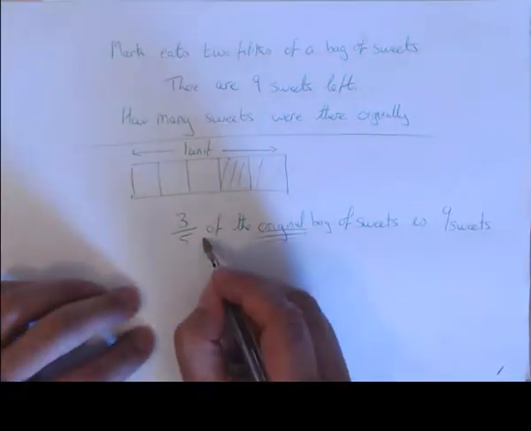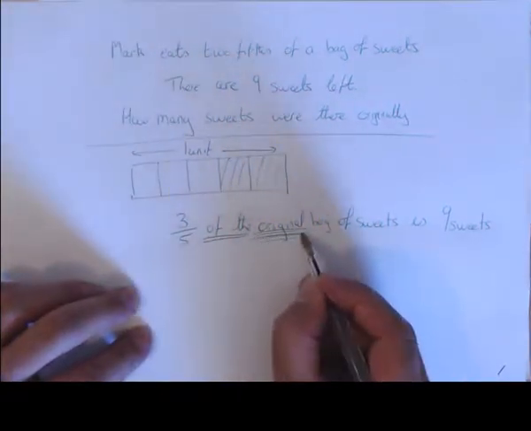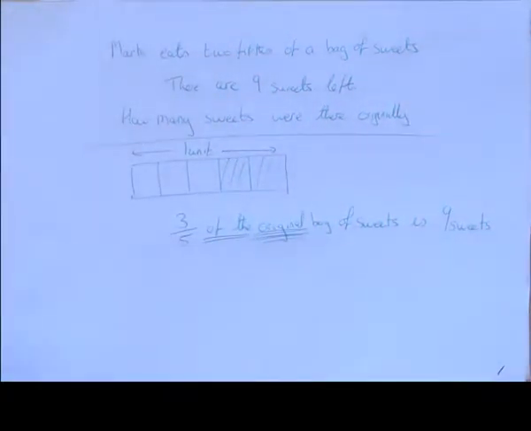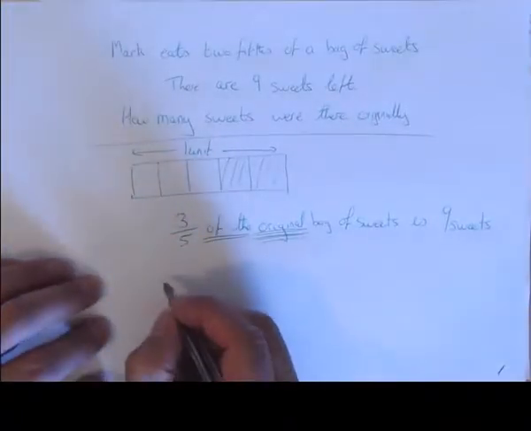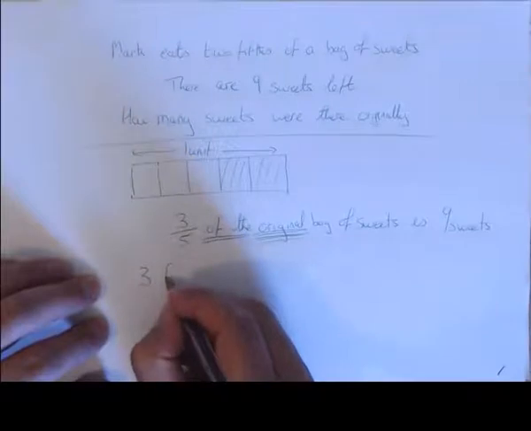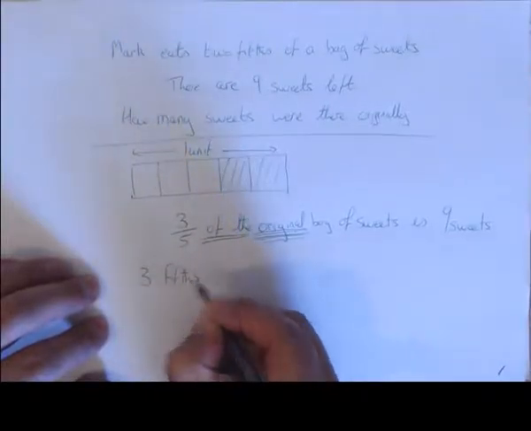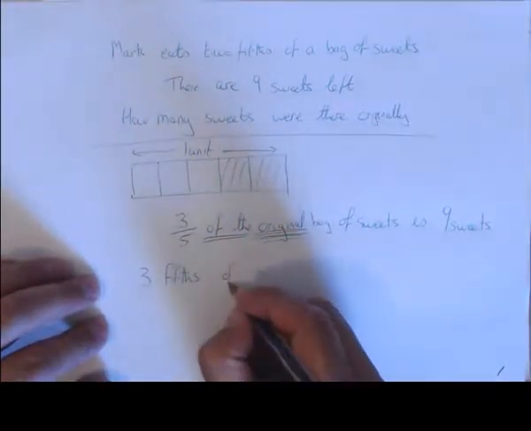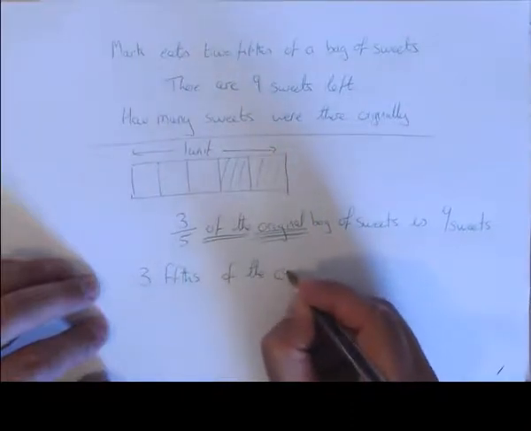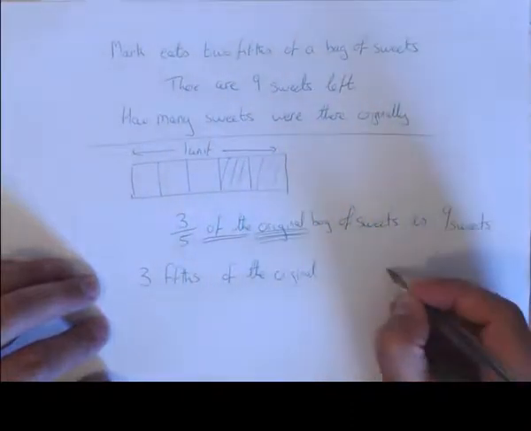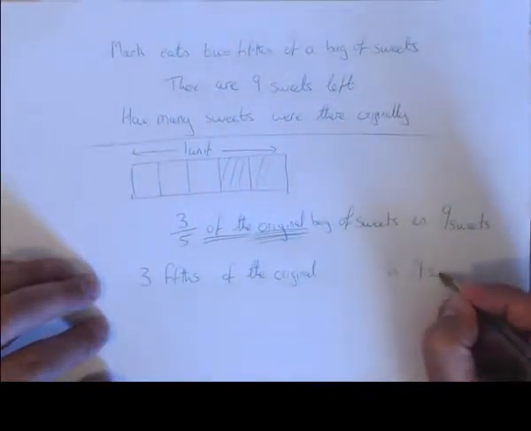So we think of the original amount. That's a phrase you should get into your head so that you can understand it. I'm going to write it slightly differently. I'm going to say it's 3/5 of the original is 9 sweets.